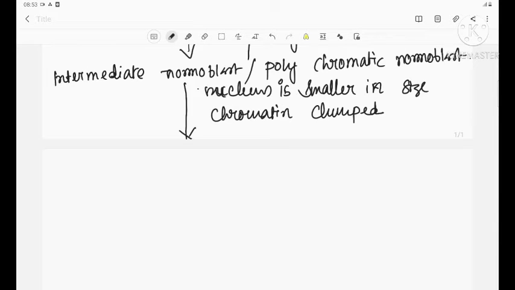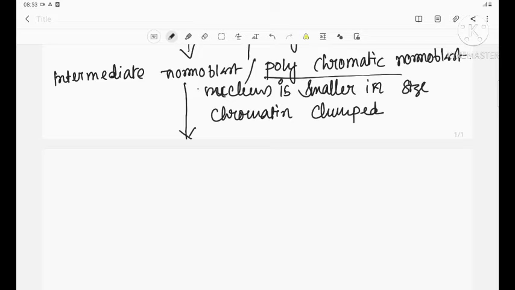This is polychromasia, the blue cytoplasm due to RNA and the pink cytoplasm due to hemoglobin. This blue and pink admixture means a mixture of basophilic and acidophilic staining.